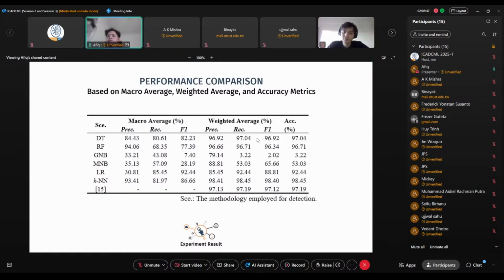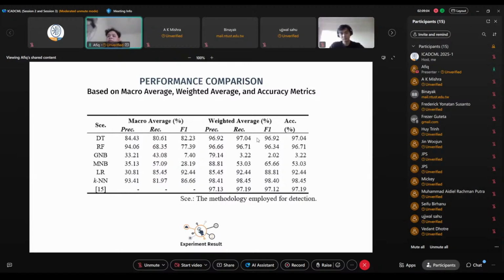The decision tree and random forest algorithms also achieve competitive accuracy scores of 97.04 and 96.71 respectively, but their macro averages, particularly for recall and F1, are much lower due to performance in botnet spam detection.